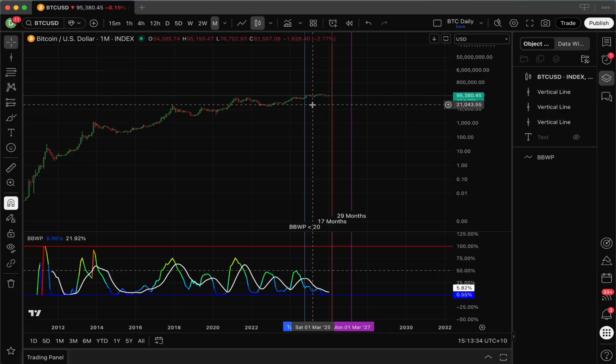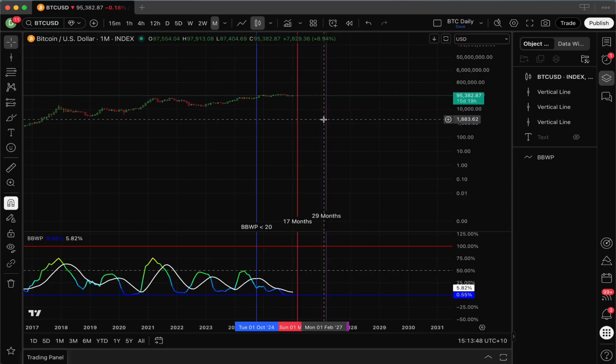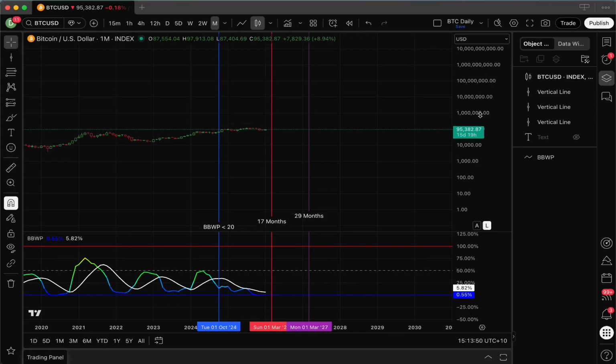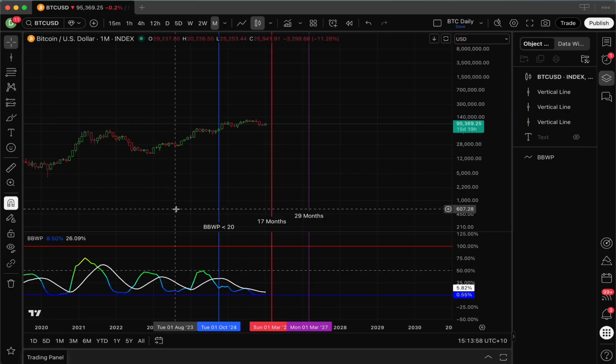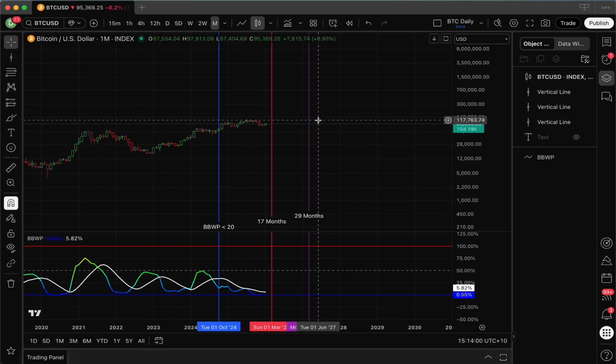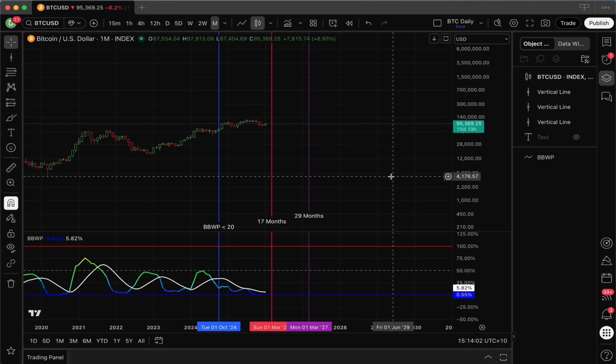So what we can do is use this to loosely apply it to the current phase, and it tells us that once that compression has gotten past a year, so that's October of last year would have been 1 year, resolution hasn't tended to happen immediately afterwards. It stays low for a bit longer. So that is 17 months from our current phase of compression, which is the lower data point of the two that are above a year, and then 29 months, which is the larger of the two.